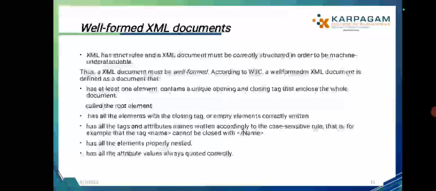So how can we say that an XML document is a well-formed XML document? We have some set of rules. XML has strict rules, and an XML document must be correctly structured in order to be machine understandable. So an XML document must be well formed.